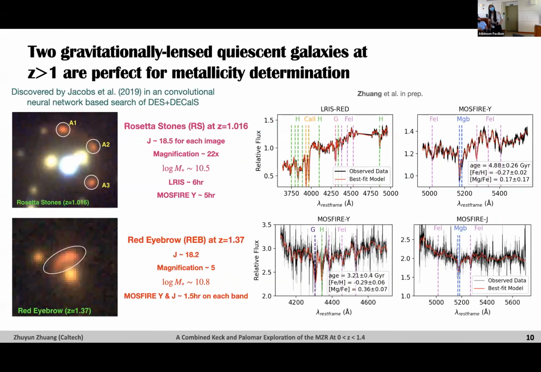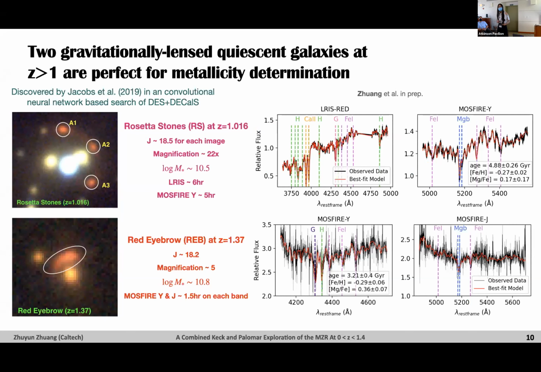But luckily, now we have two candidates. Jacobs et al. discovered two high-z gravitational lens quiescent galaxies at z greater than 1 using a convolutional neural network search of the Dark Energy Survey and the DECam Legacy Survey: the Rosetta Stone at z of 1 and the Red Eyebrow at z of 1.4.